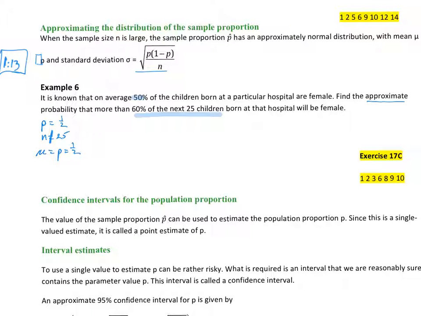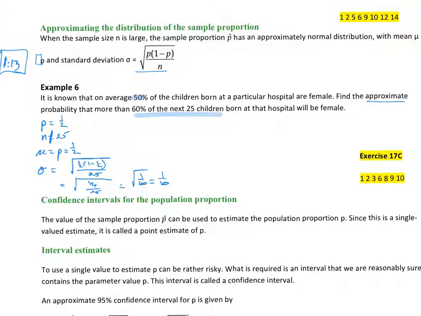And the standard deviation sigma is the square root of a half times 1 minus a half, over 25, which is the square root of a quarter on 25, which equals the square root of 1 on 100, which is 1/10 or 0.1.